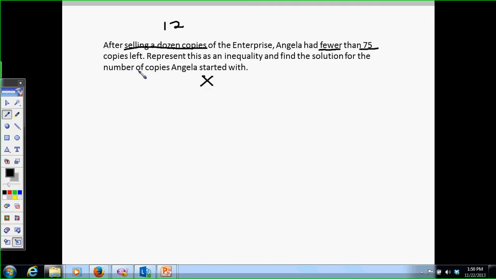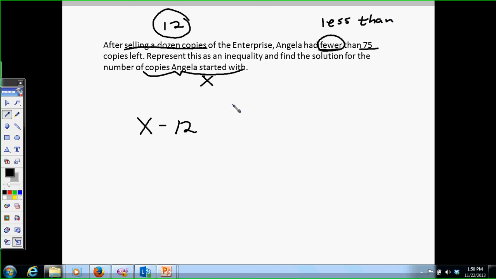So we're going to let that be known. The copies that she started with, that's going to be X, okay? So X is what she started with. She sold 12, so we're taking away 12. And this amount is fewer or less than 75.